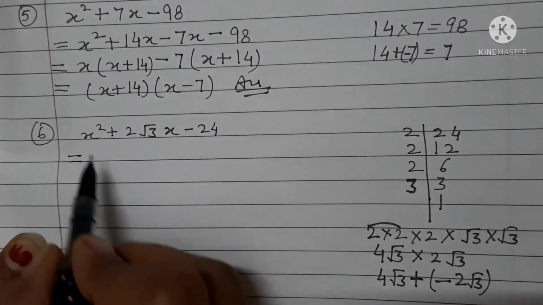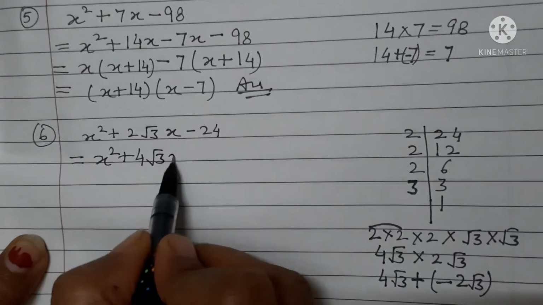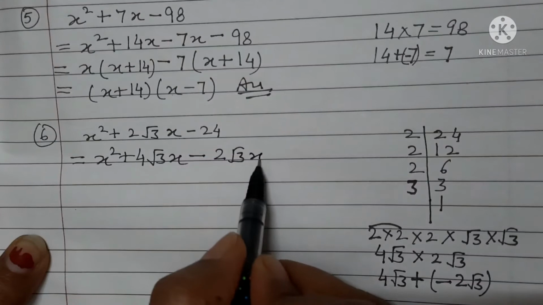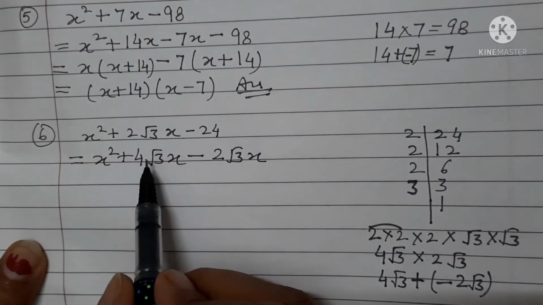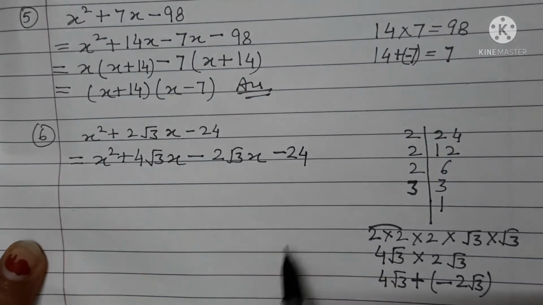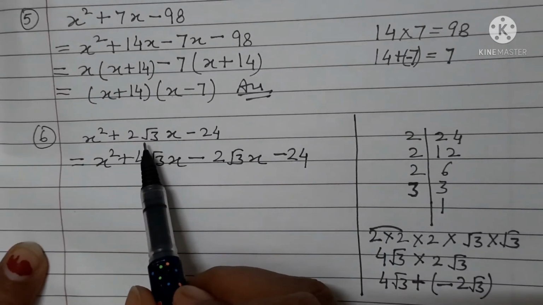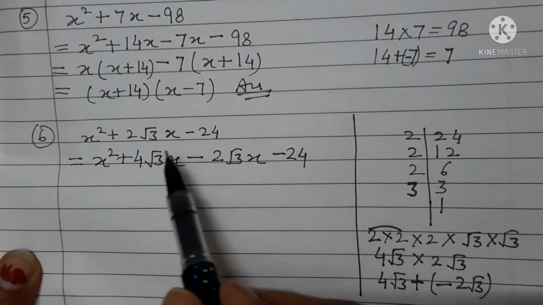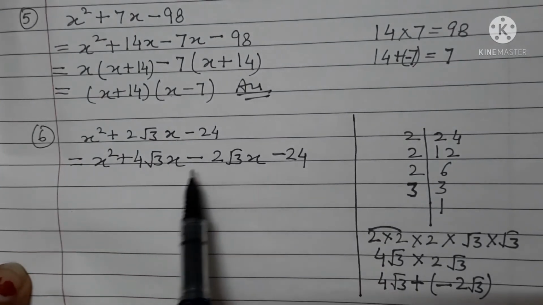Now x square plus 4 root 3 x minus 2 root 3 x. When you subtract, you will get 2 root 3, and this is minus 24 as it is. So students, don't be confused looking at root 3, about how you will get the numbers.